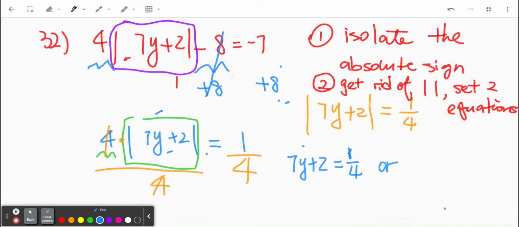Or, there was always an or, 7y plus 2 equals what? When you get rid of the absolute sign, you set this equal to the number you have or the opposite of what you have. The first equation is equal to 1/4, and the second equation equals negative 1/4.